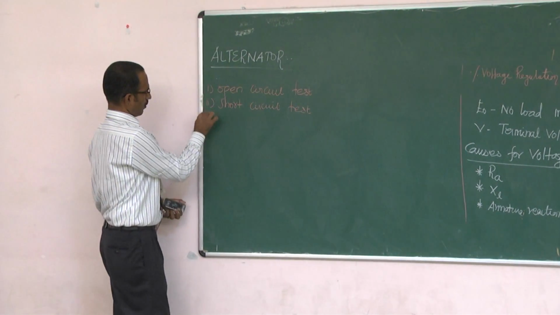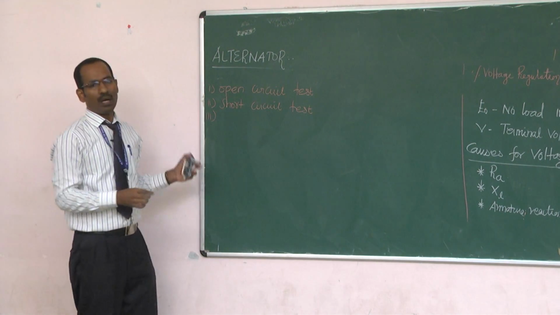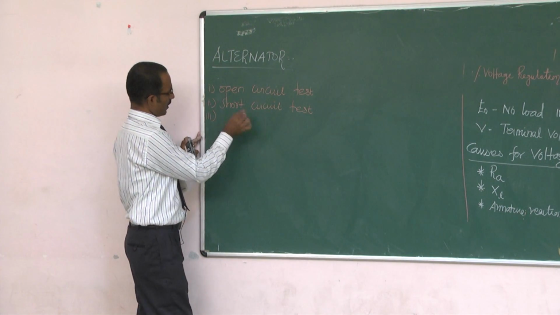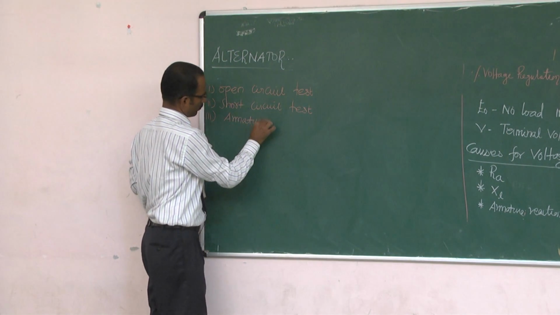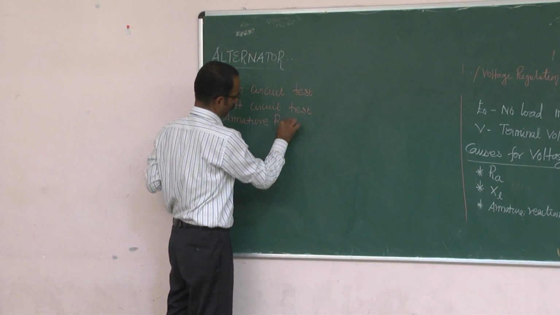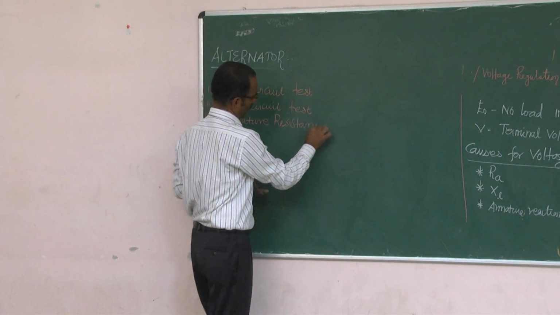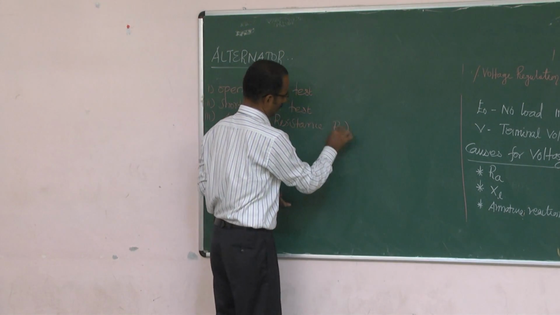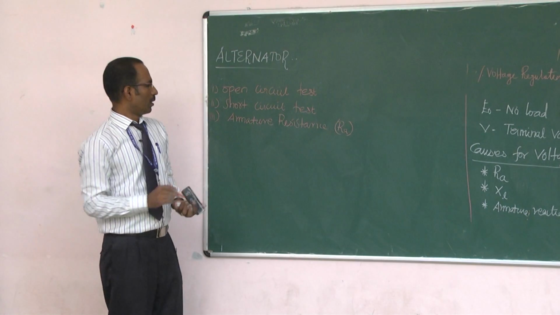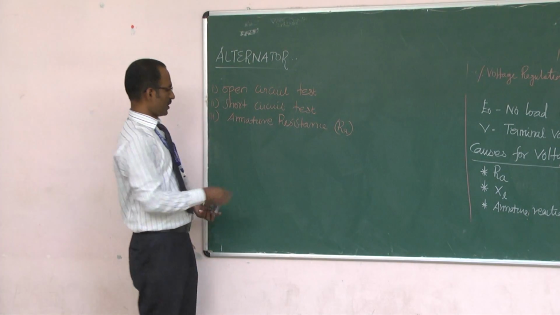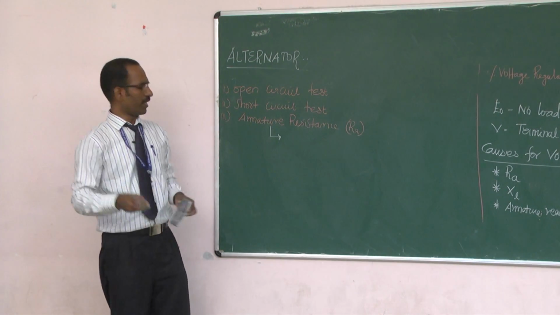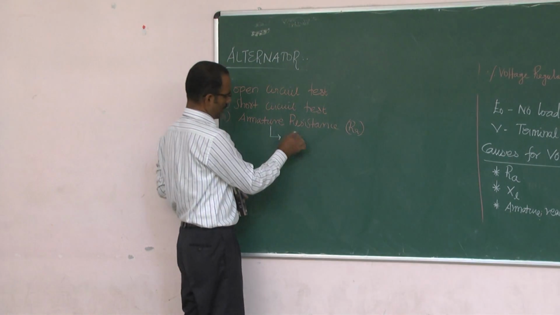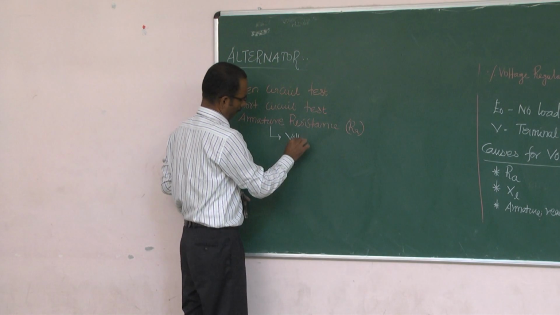The third one, we need the measurement of armature resistance, Ra. We can measure the armature resistance in two ways. One, straight away we can use a multimeter, or we can use the voltmeter ammeter method.